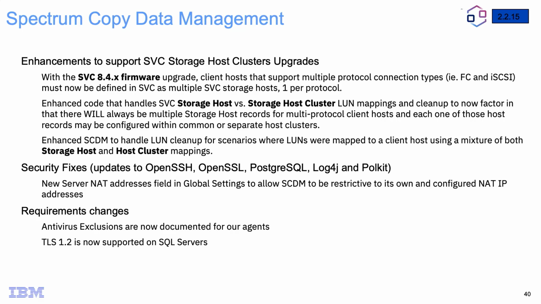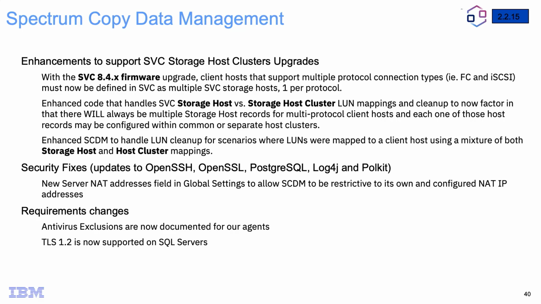And so we have had to enhance and upgrade Spectrum Copy Data Management to support those LUN mappings and LUN cleanup when you use those storage hosts and host clusters in operations for Spectrum Copy Data Management.